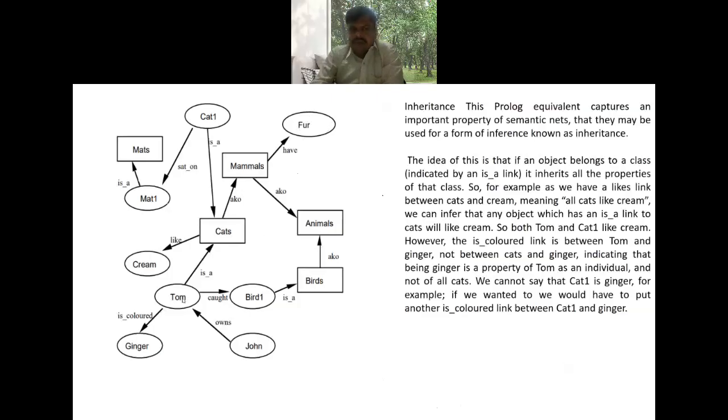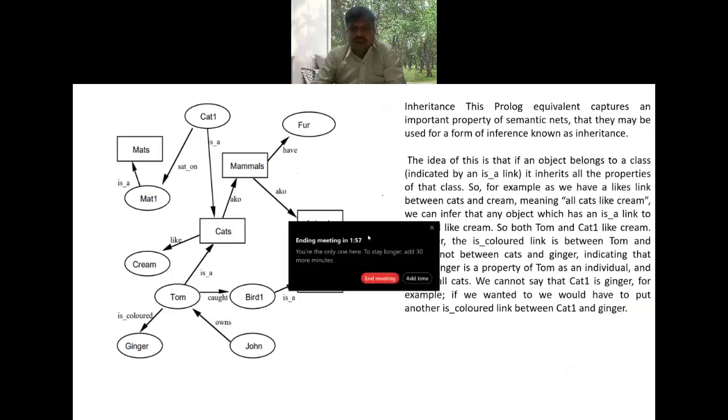Similarly, if Tom is a cat, Tom has fur. So this is the property of semantic nets. The inheritance can also be constructed. Okay. So this is the explanation of what is inherited from the other class. Clear?